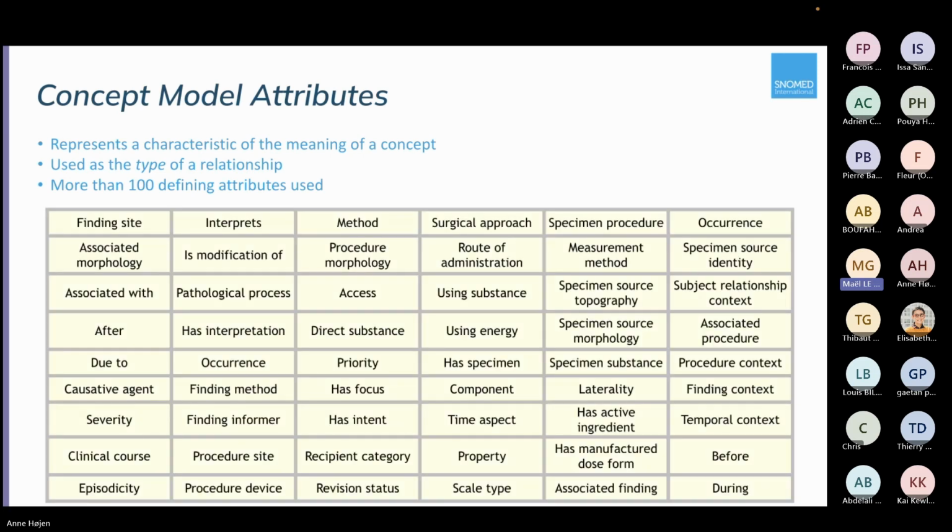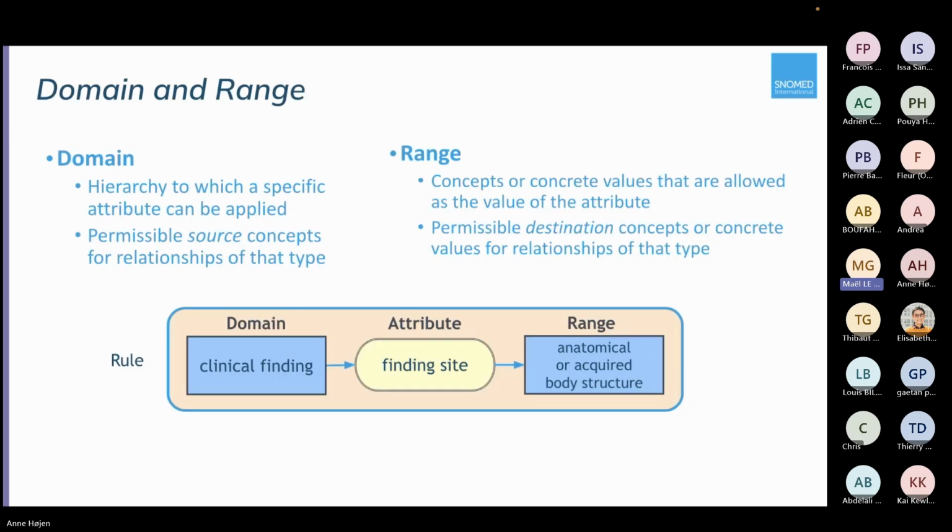I was saying earlier that we have a range of relationship types, and here's just an overview. We have actually more than hundreds of defining relationships or attributes. And if you recall, some apply to some domains, and each of them have specific ranges. Here's the example we looked at before. The domain is the source domain, so clinical findings can have a finding site, and the value of that finding site is within the anatomical or acquired body structure, which is in the body structure hierarchy.